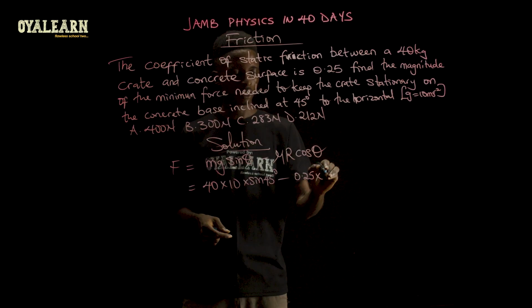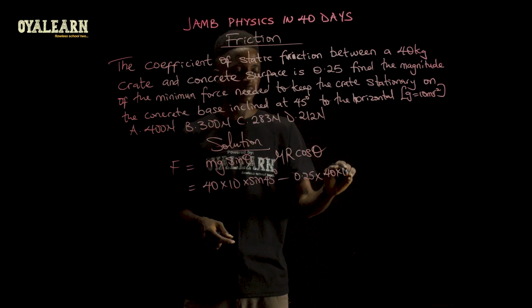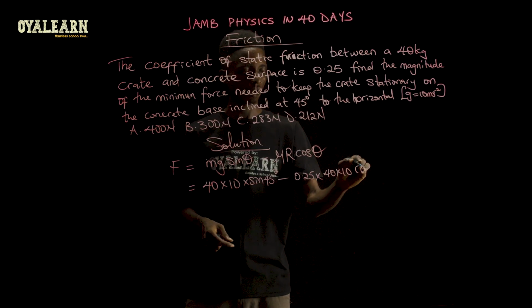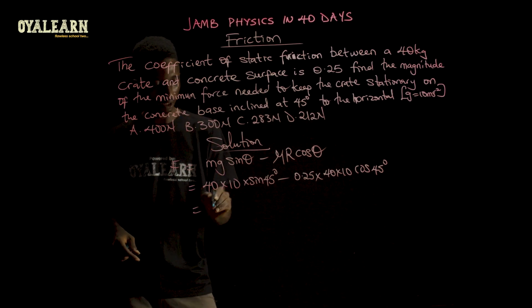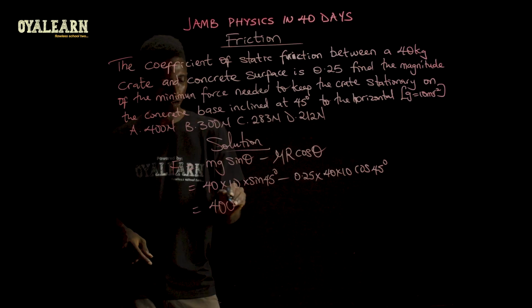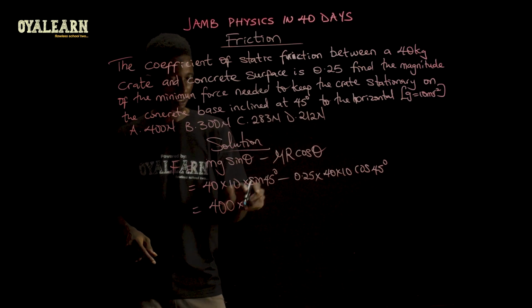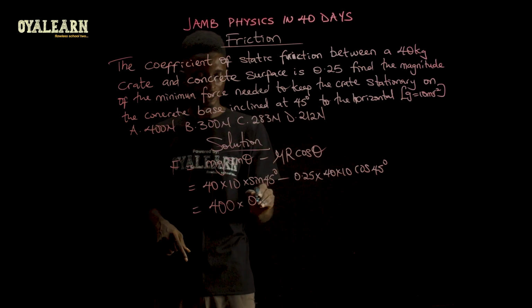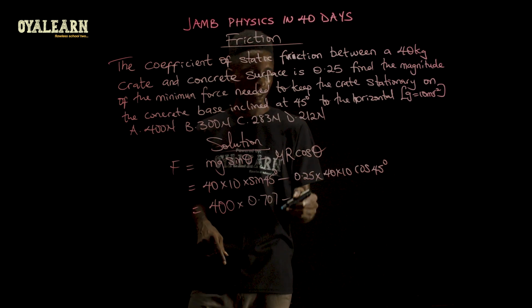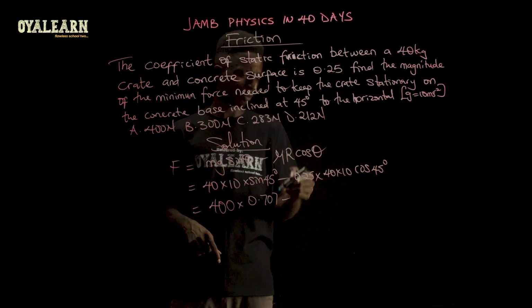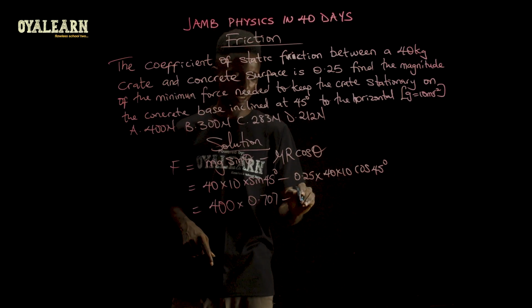So that will be 40 times 10, then cos 45 degrees. Now what this gives us is 400 times sine 45, which is 0.707, minus, now this is 1 over 4 times 400, that is 100.